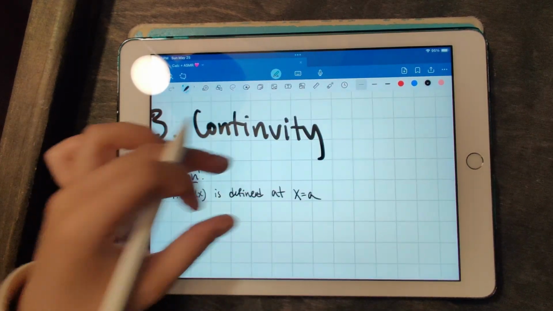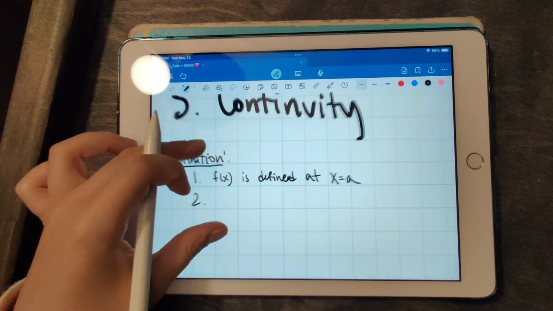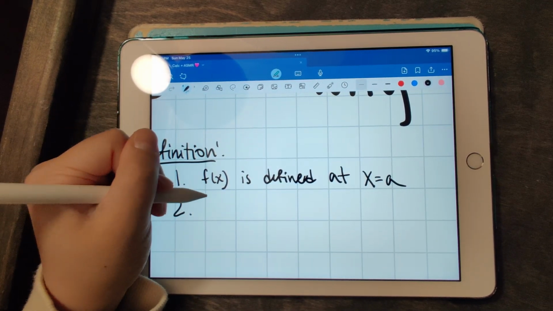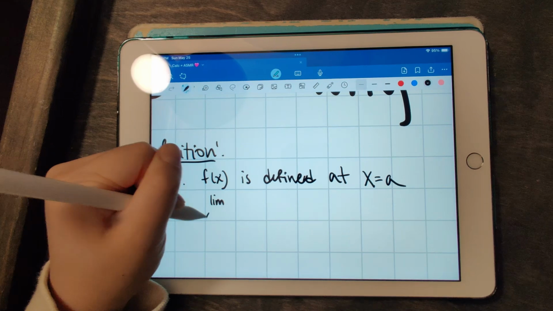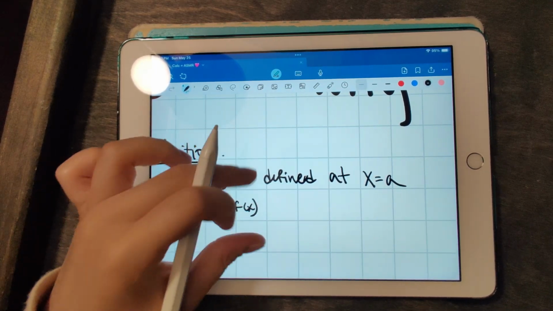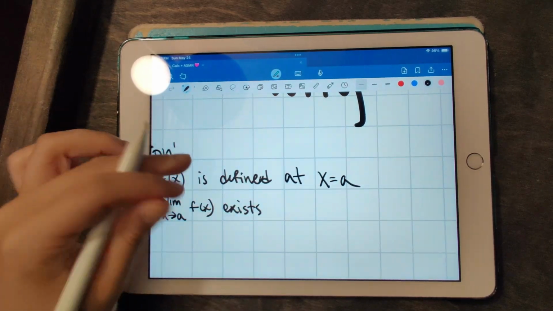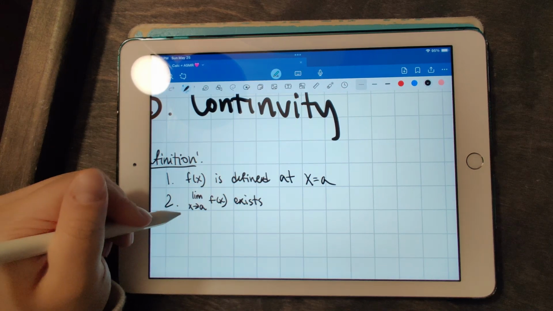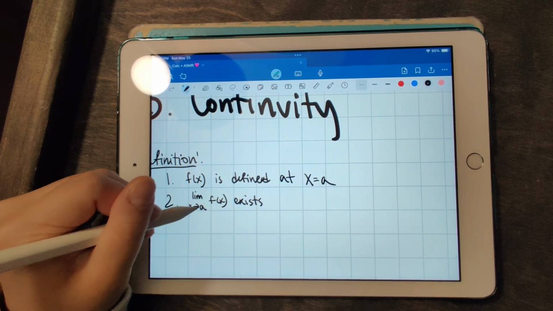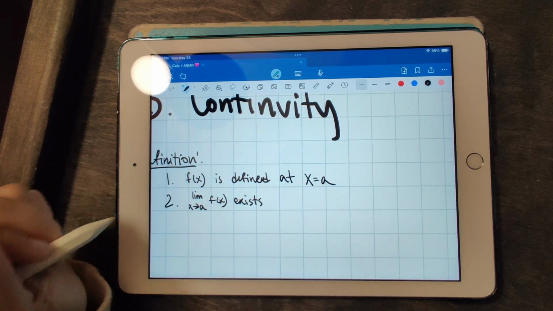That's the first condition. The second condition is that the limit as x approaches a of f of x exists. So the limit has to exist. This means the right and left hand limits, so as x approaches a from the right and left, it has to approach the same value.